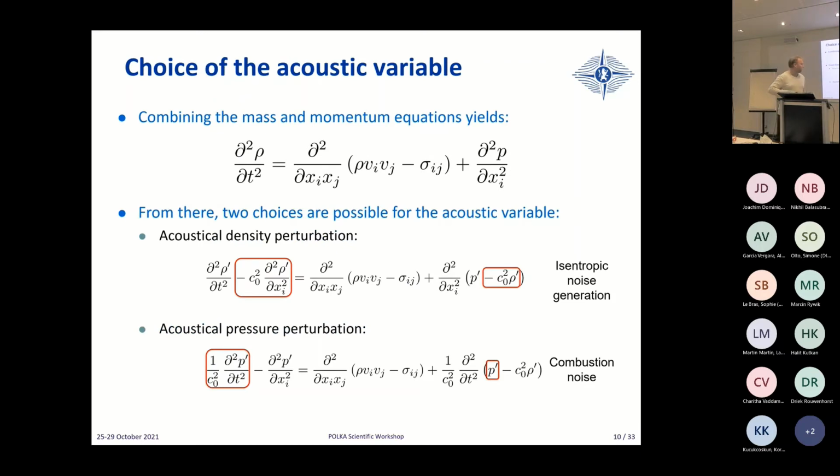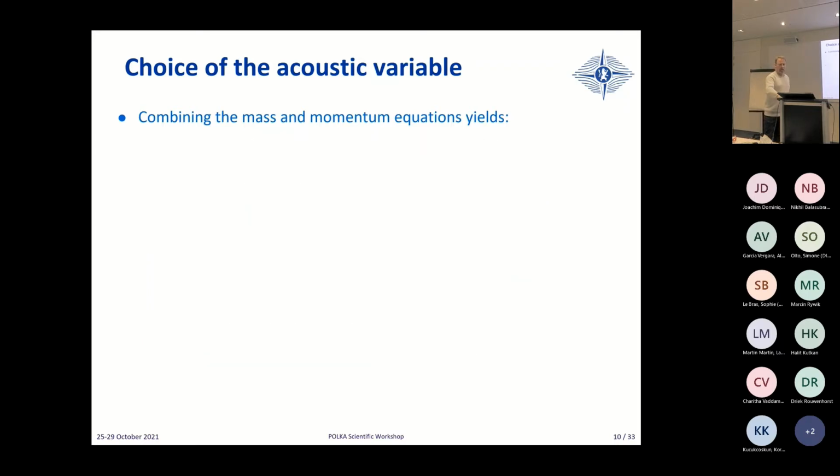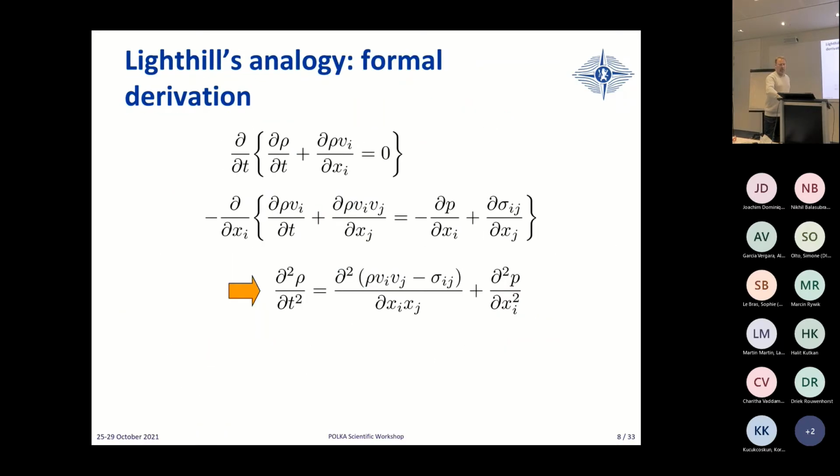But one important point, maybe before we move further, is about the choice that we made here. So remember, we were here. Okay, so we took the time derivative of this continuity equation and the divergence of the momentum equation, and we ended up there. And then we decided, okay, we are missing a minus C0 square nabla square rho.